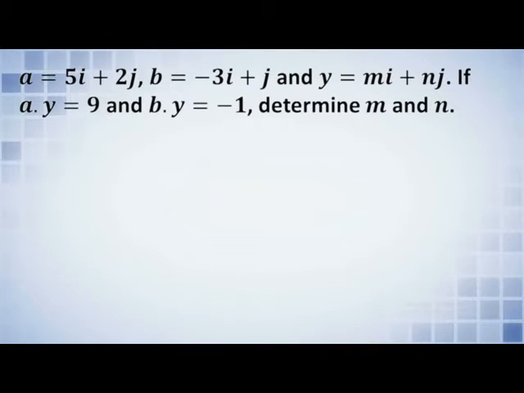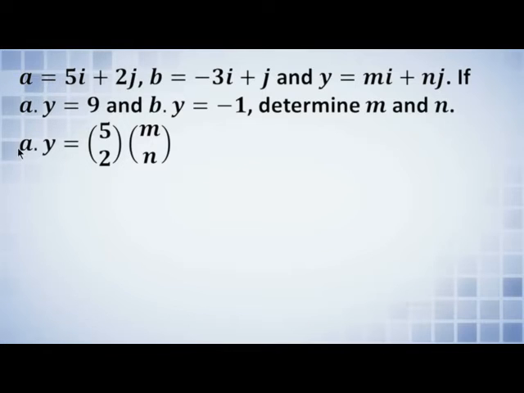Next example. Let A and B have these components, and y is an unknown vector, let's say mi plus nj. If A dot y equals 9 and B dot y equals negative 1, determine the values of m and n. Let's work from this one first. A dot y equals 9.